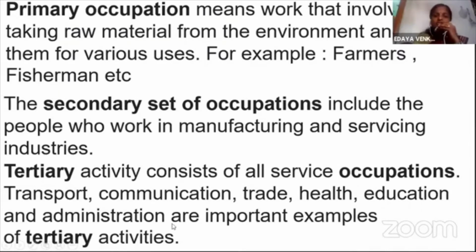Transport, communication, trade, health, education and administration are important examples of tertiary activities. Got it? So these are the three occupations on which we decide. In rural, it is mainly primary occupation. In town, it is secondary, and in city, it is tertiary activities. So as per the facilities and population increase, the settlements are named differently.